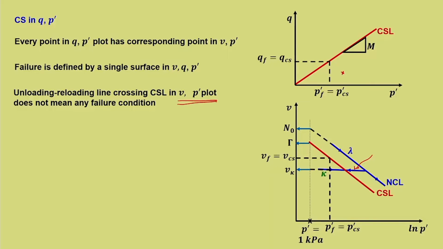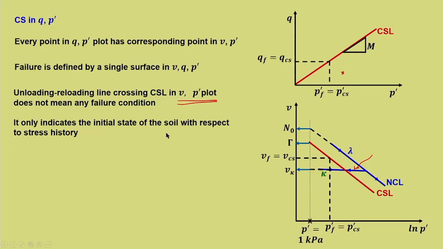So crossing this critical state line, please underline, in the V-p dash or V ln p dash plot is not a failure condition. Obviously when it crosses or touches the critical state line in the q-p dash plot, it is the failure condition, not in the V ln p dash plot. So please do not confuse yourself.